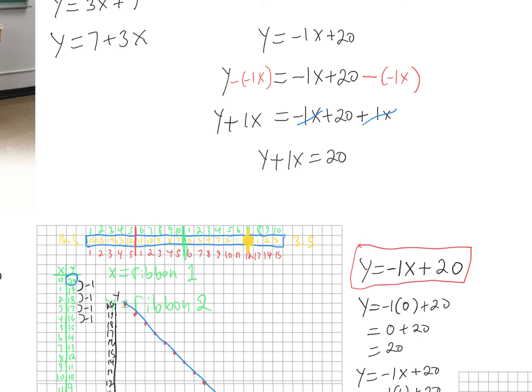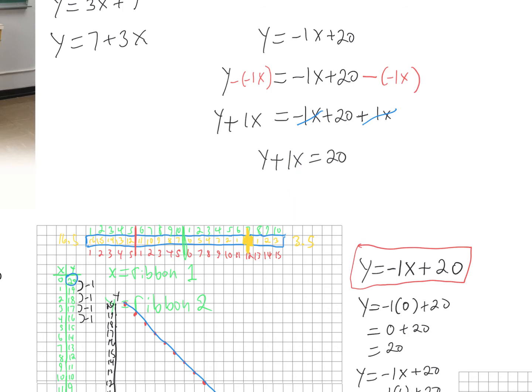Which is exactly what we talked about here. When you add the value of x and y together, they're always going to equal 20, whether it is 5 plus 15, 10 plus 10, or 16.5 plus 3.5. When you add them all together, they're always going to equal 20. And since I have 1 times x, I don't really need to write the number 1 in here because it's already implied that 1x is just x.